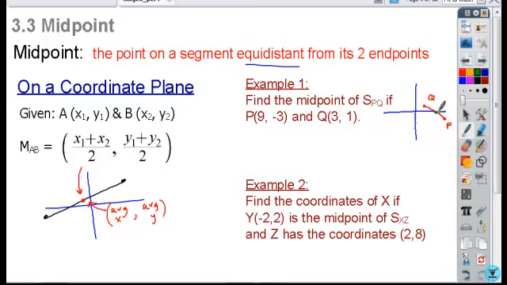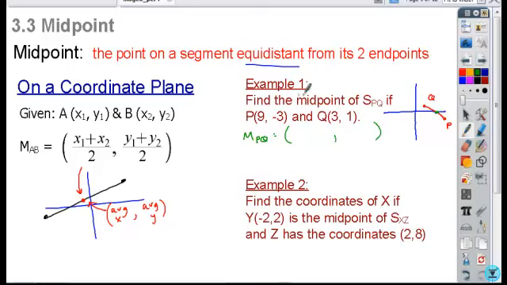Okay, so the midpoint is going to be somewhere, you can kind of see, in between the 3 and the 9 for the x coordinate, in between the 1 and negative 3 for the y coordinate. So as we calculate this, the midpoint of PQ is going to have two coordinates, an x coordinate and a y coordinate.